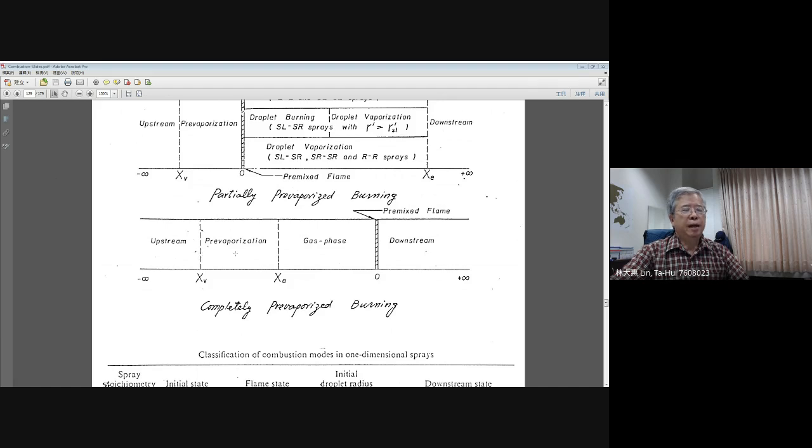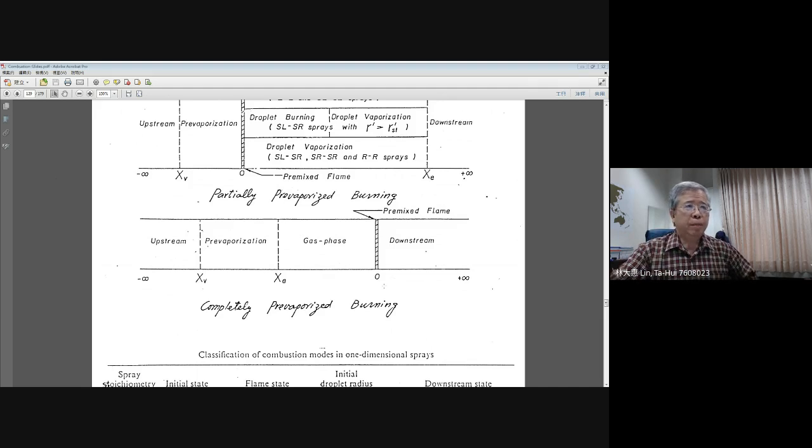They may finish the pre-vaporization before they reach the premixed flame, which means at xe here, all the droplets finish gasification and disappear. In this region, the fuel and the oxygen are purely gas phase, and this premixed flame can be described based on the gaseous premixed flame we already discussed earlier.